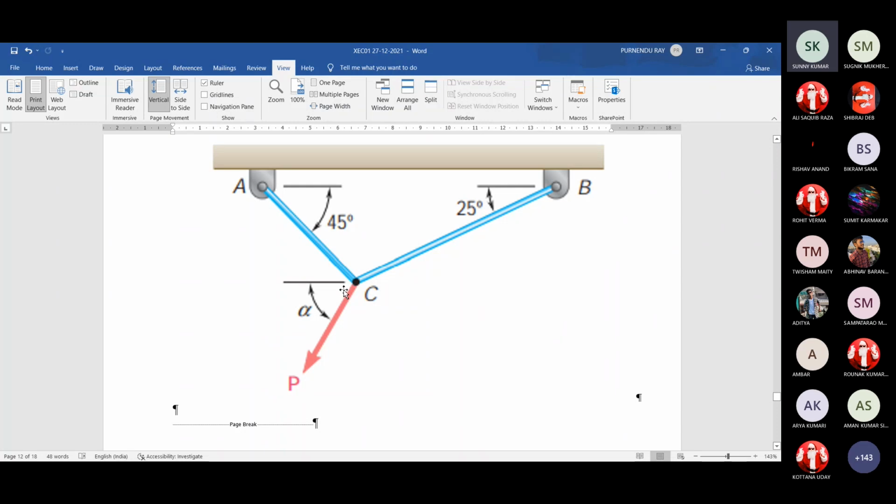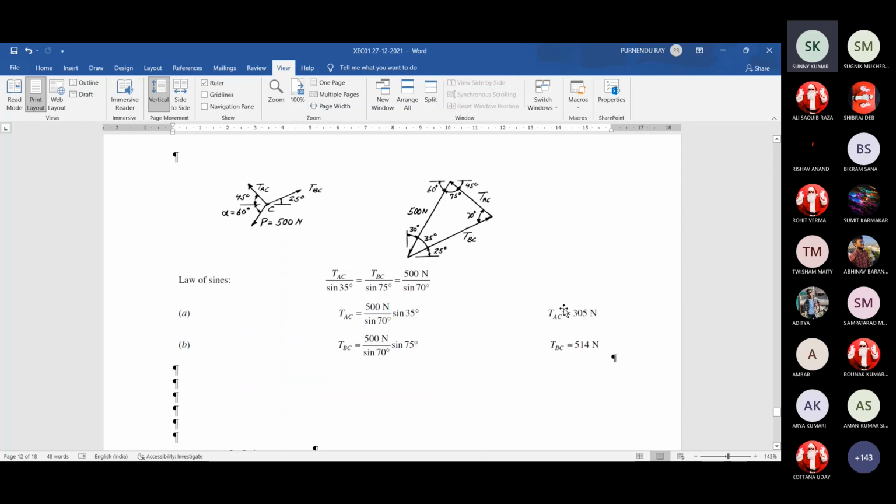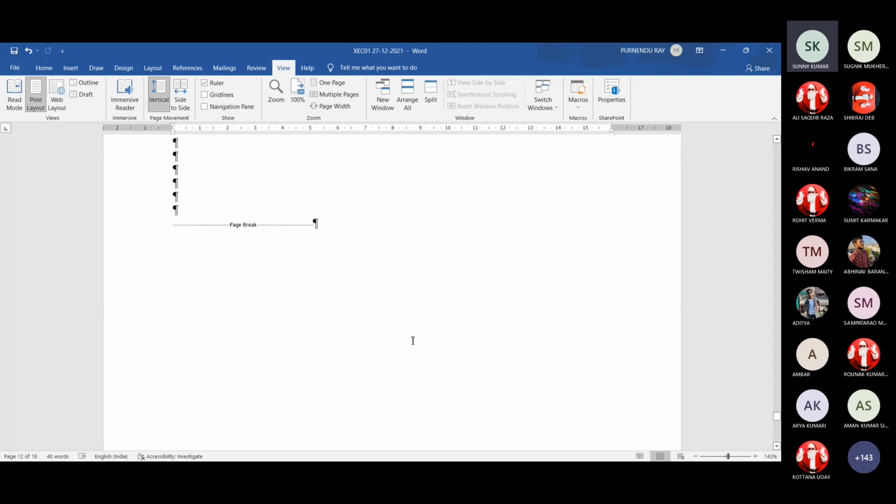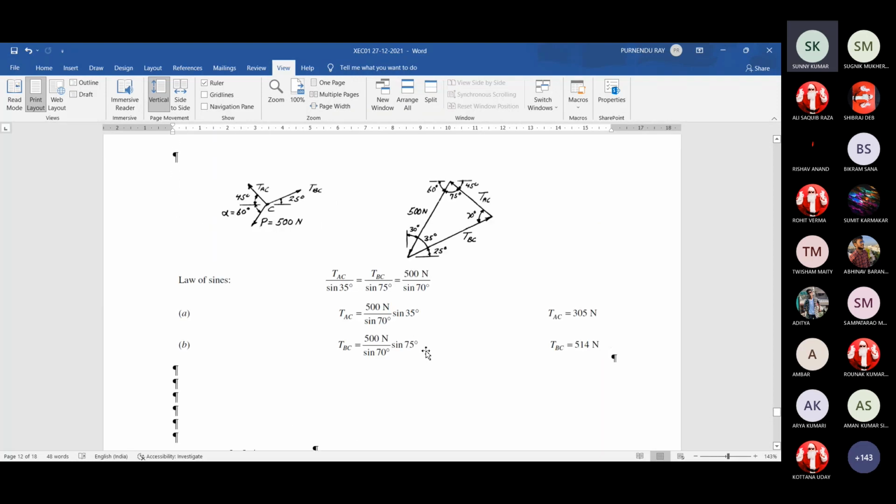And this is the corresponding vector triangle, the force diagram, and the sine law or Lami's theorem, whatever you prefer, you represent in that way. But you have to do it correctly: the angle calculation, the sine and cosine calculation, etc.